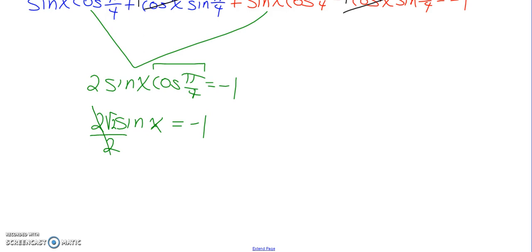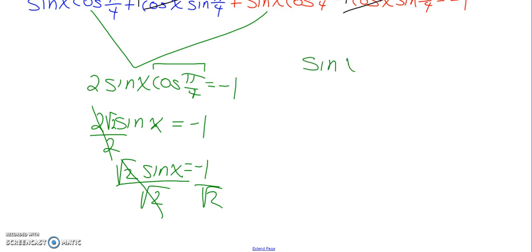If you notice, the 2's are going to cancel, and you're left with radical 2 sine x equals negative 1. Divide both sides by radical 2. And we are now looking for where sine x is equal to negative 1 over radical 2.